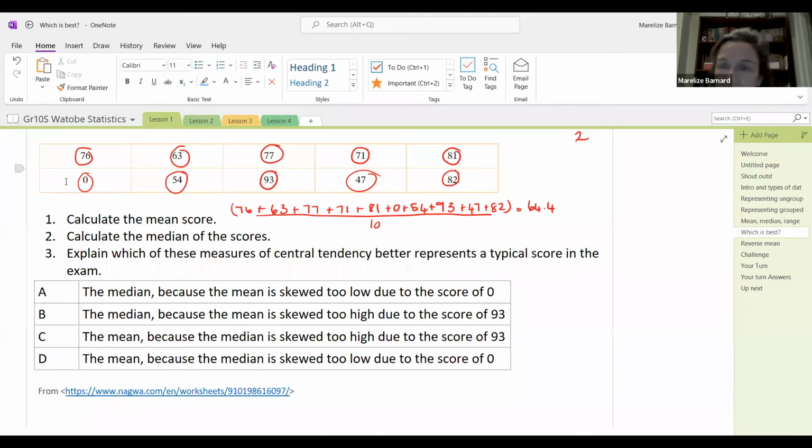So in the chat, put an option A, B, C, D. Read carefully what it says. Which one do you think? Is it A, B, C, or D? Remember, the median is not affected by outliers.